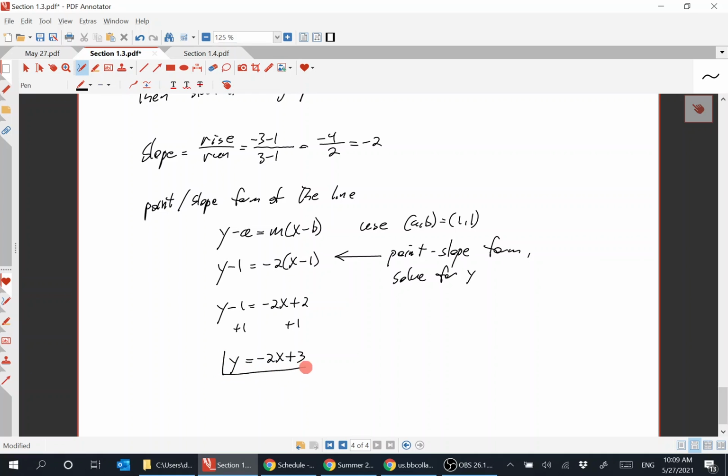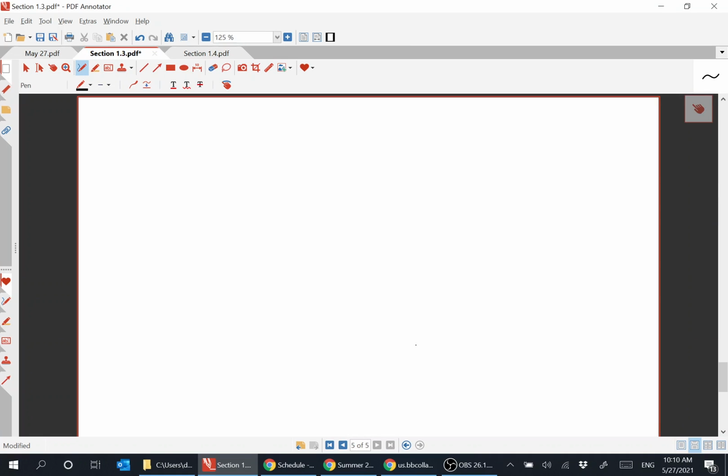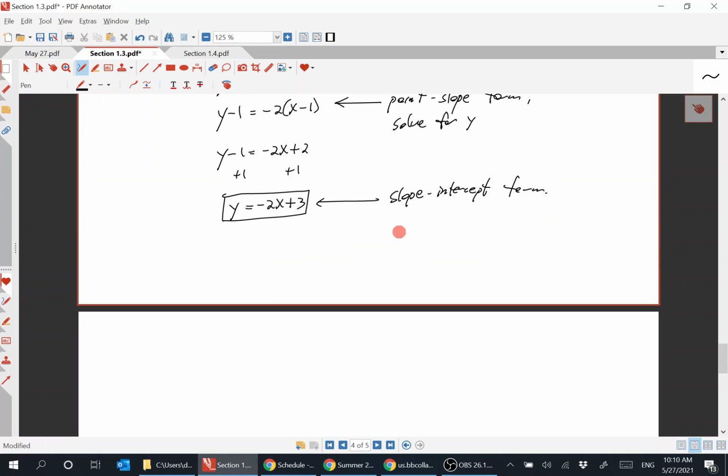So this right here is the slope intercept form. So the slope is negative 2. The y-intercept is 3. So the y-intercept is y equal to 3.